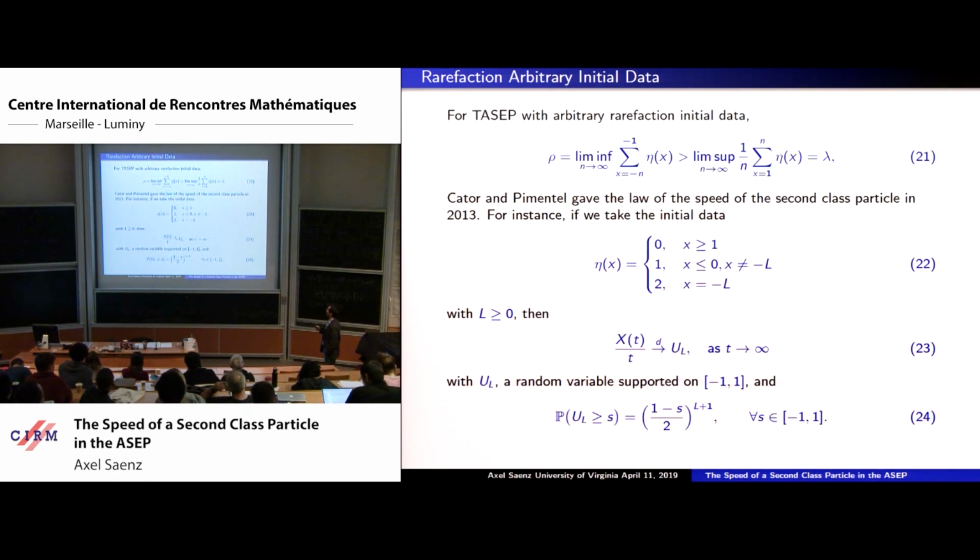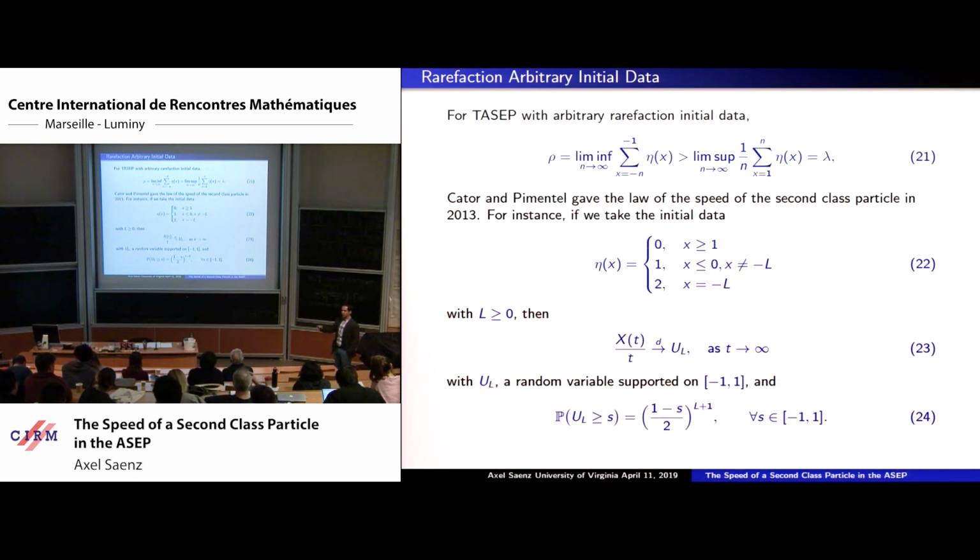And so you just look at these two quantities, and under these general arbitrary initial conditions that are in the rarefaction regime, then, in the work of Cator and Pimentel, you put a second class particle in the middle and you try to track it. Under fairly arbitrary initial conditions, they just need this condition to be satisfied. Then they give an explicit formula for the speed. It's going to converge to a random variable.